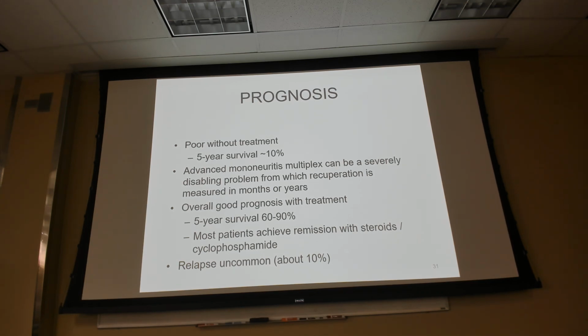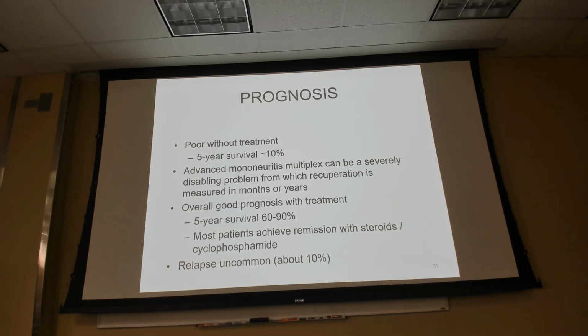Poor without treatment. The survival rate, if they're having PAN, is approximately 10%. So treat. This can also be disabling, as it says on the slide there. Overall, if we do treat them, then the survival rate jumps up. So it's not 10%, it gets us all the way up to 90%.